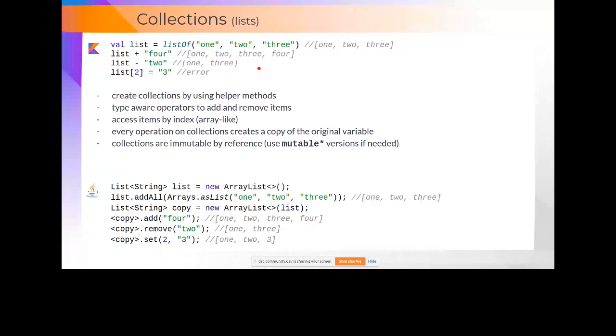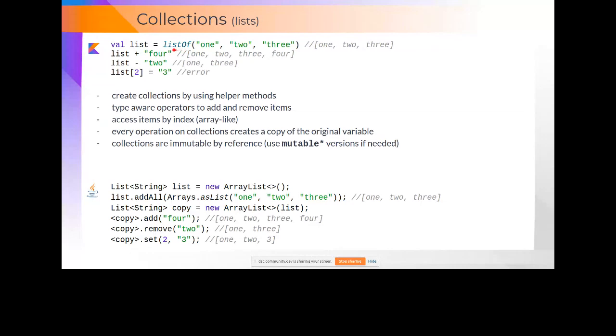I think starting from Java 9 or 11, you can use helper functions, and it makes it much easier to work with them. But before that, it was harder. But in Kotlin, from the very first version, working with collections is much simpler.